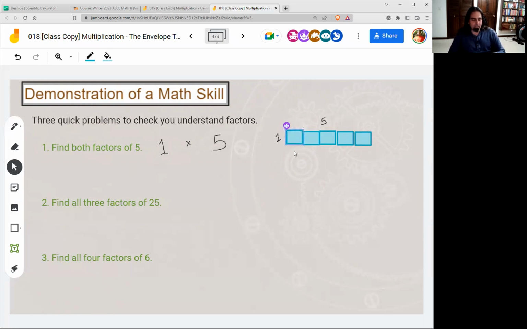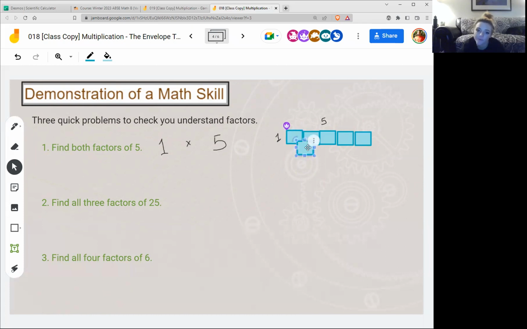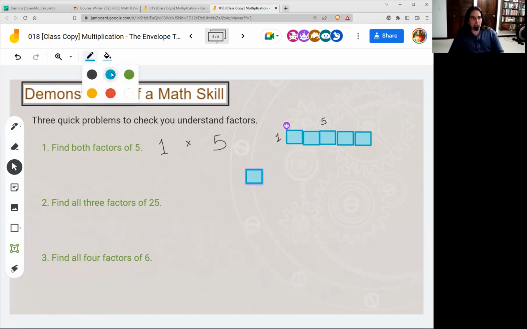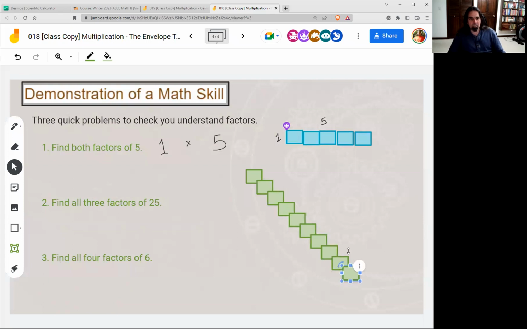What about if we had 25 blocks? Well, let's do a different color. 1, 2, 3, 4, 5, 6, 7, 8, 9, 10. Okay, then.